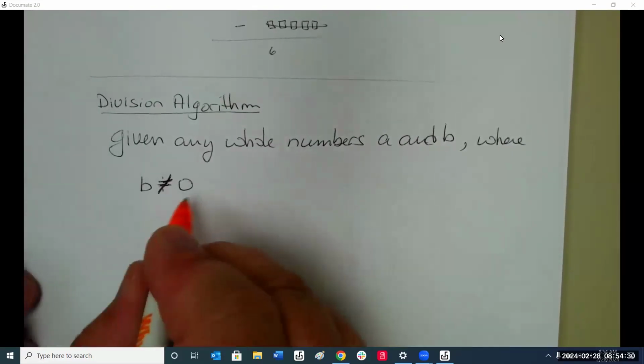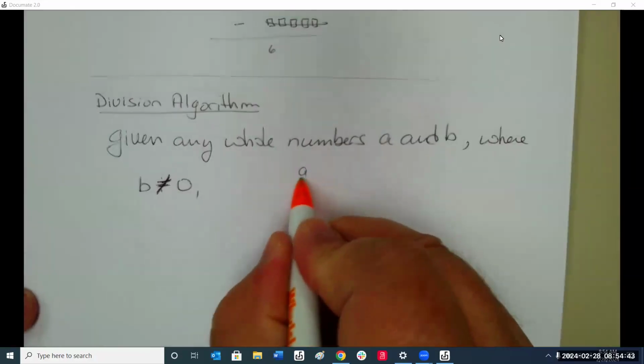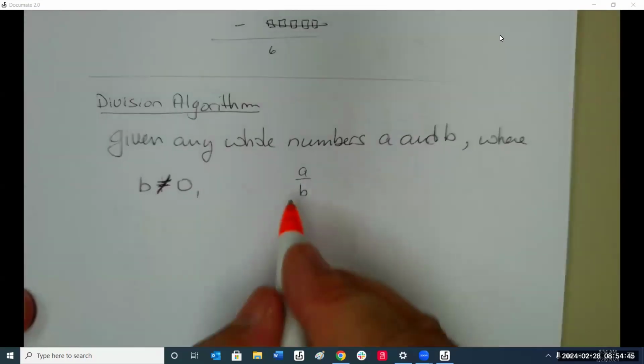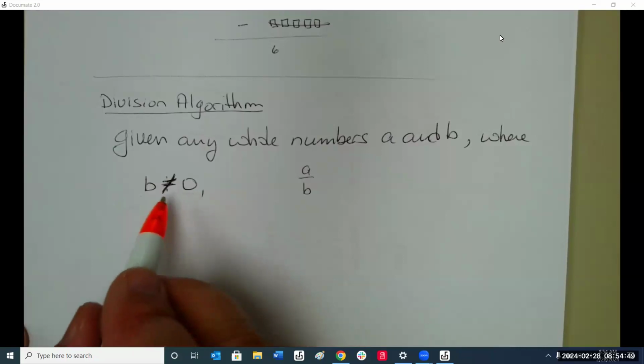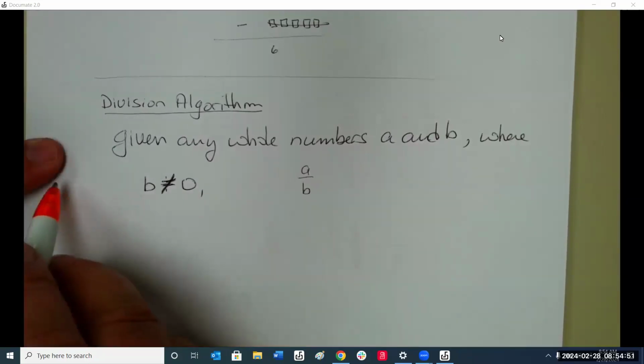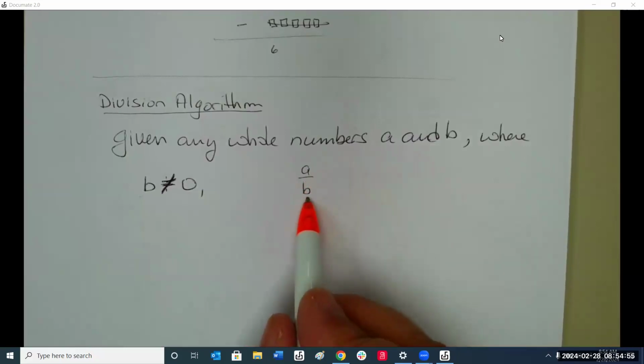The question here is this: why is B not equal 0 an important factor? No, because remember, we're dealing with A over B. You can never divide by 0. So that's where we stress the point that you can never have 0 on the bottom. So in this case, we're saying off the bat, A and B can be any whole numbers, except B cannot be 0.